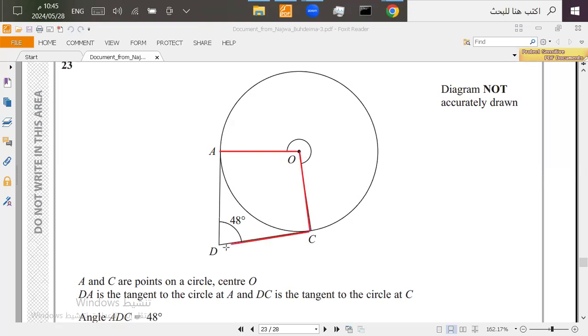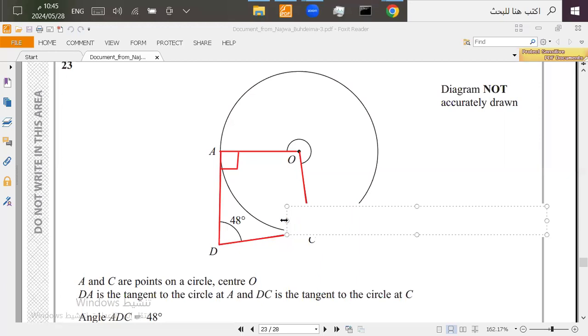And these are tangents, DC and DA. Now, the rule says that when you have a tangent, the angle made by the radius on the tangent is always 90 degrees. So this is 90 degrees, and this is 90 degrees. This is very important. The angle made from a radius on a tangent is always 90.